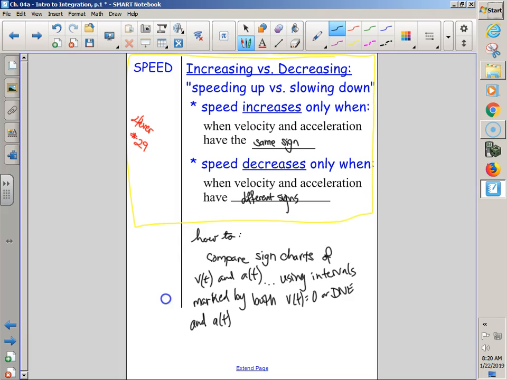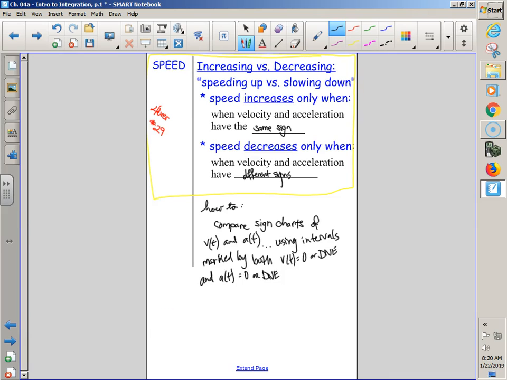You have to look at the zeros and d and e's of both velocity and acceleration, because we're looking at both of them. In a sense, we're making one big old sign chart, thinking about speed increasing, decreasing as our final conclusion, and thinking about the signs of both acceleration and velocity.